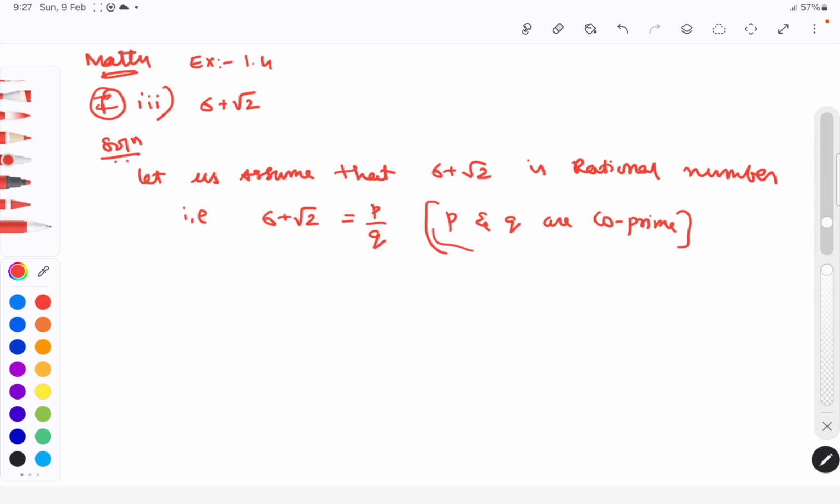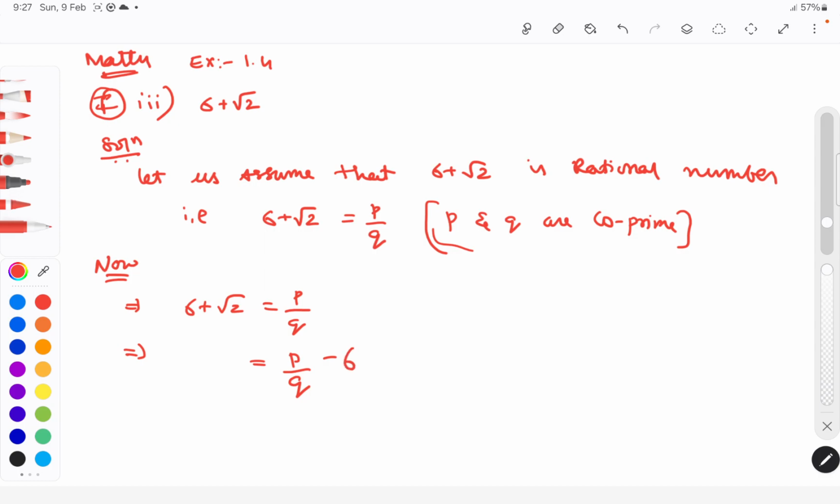So first we should assume that they are rational numbers, then obviously both should be coprime. Now you should do this process. Now we should send 6 to the right side.